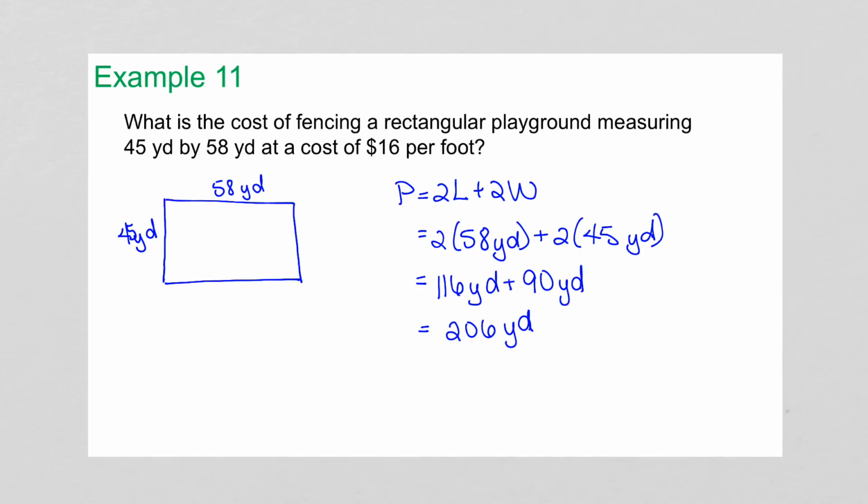Okay, so there's the perimeter, and it says that each foot costs $16. Well, we got one problem here. We're in yards, not feet.